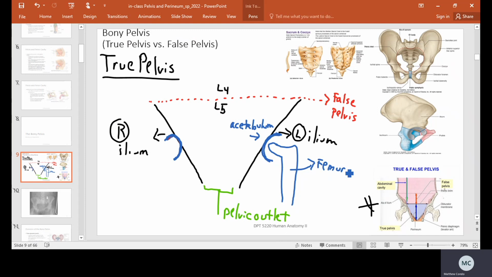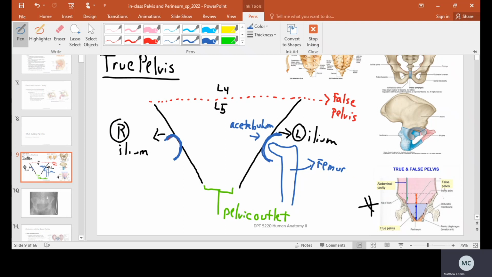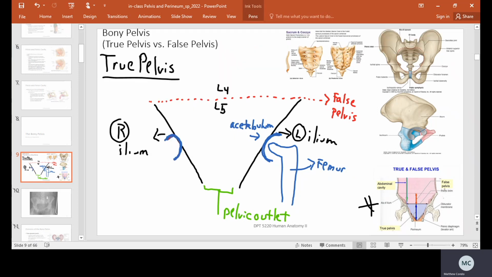So the technical term for the hip is actually a layman's term. The technical term for the hip, we're going to get into this a little more next week, is the femoral acetabular joint, which I think is actually a more accurate representation rather than saying hip.